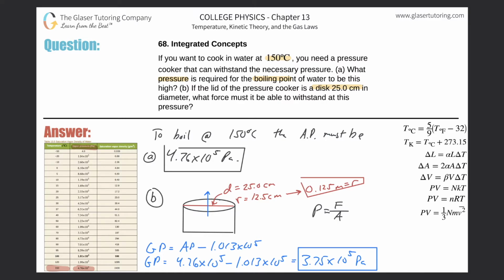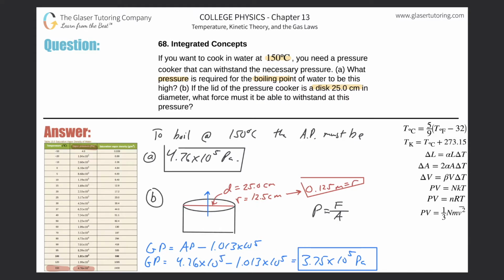So that area is experiencing a net 3.75 times 10 to the 5 pascals of pressure. In other words, 375,000 pascals is the net or resultant pressure pointing up, because it's in excess of the atmospheric pressure pushing down. That's what this formula just solved for.